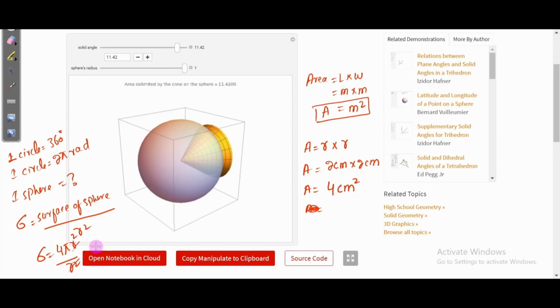This r square will be cancelled, which is equal to 4 pi steradian. So for one sphere, the number of steradian will be 4 pi. In one sphere, 4 pi steradian is present. In one circle, 2 pi radian is present. In one circle, 360 degree is present.